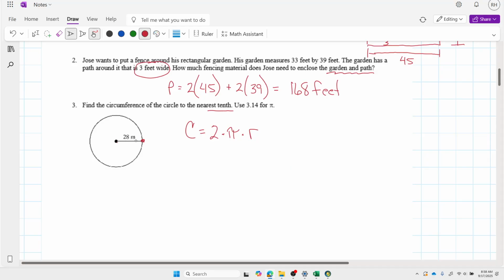From the center to the edge of the circle, is that the radius or the diameter? Radius. So our circumference is equal to 2 times 3.14 for pi, times the radius, which is 28.